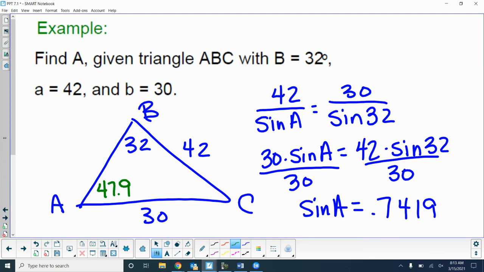Okay, so at this point I know there's at least one triangle. Again, if I would have got an error there, I would have said no triangle. Okay? What I'm going to do is find the supplement of that.